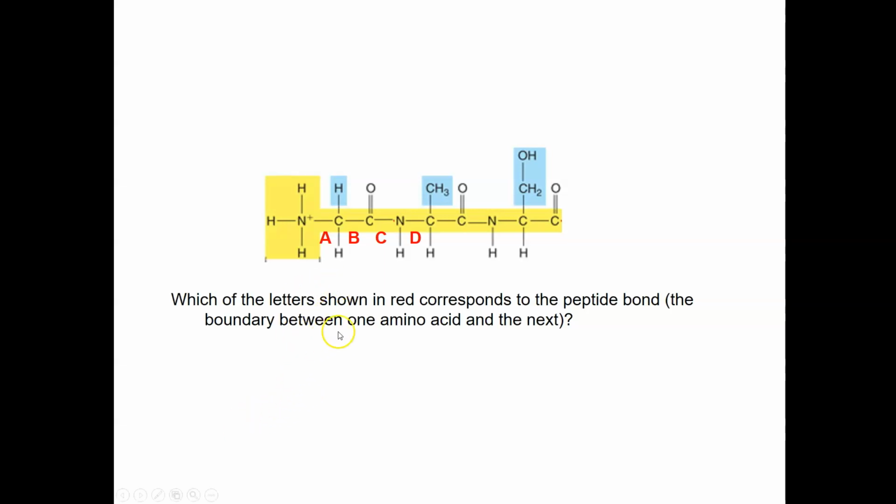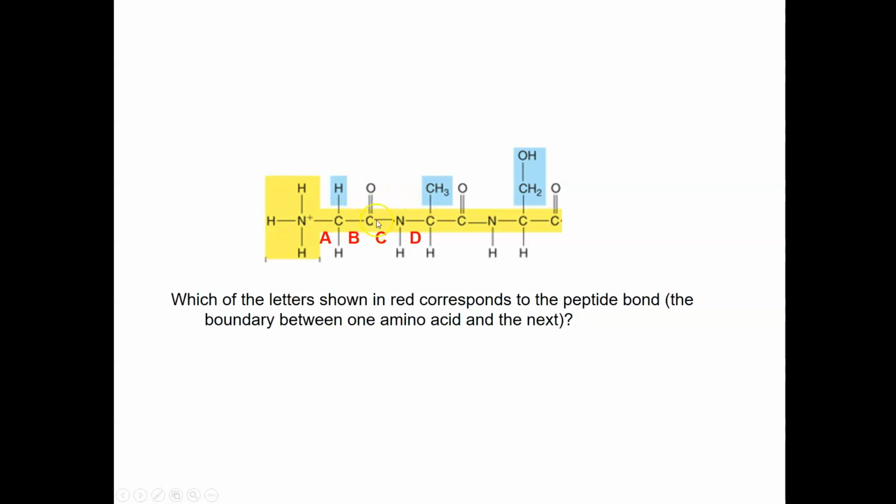All right, so again, the key here is to find your central carbon and go from there. So if we're looking at this structure here, you can see we've got our central carbon. Off of the central carbon should be an amino group, a carboxylic acid group. We have a hydrogen, and then we've got our R group.